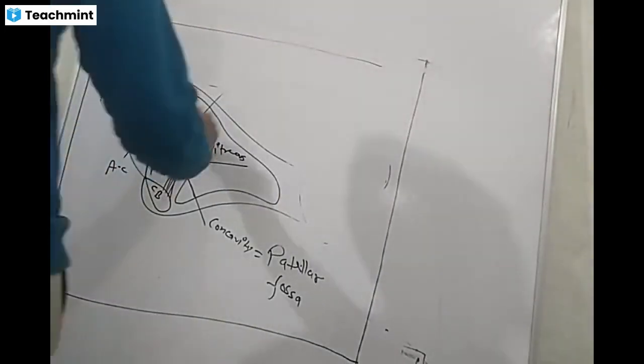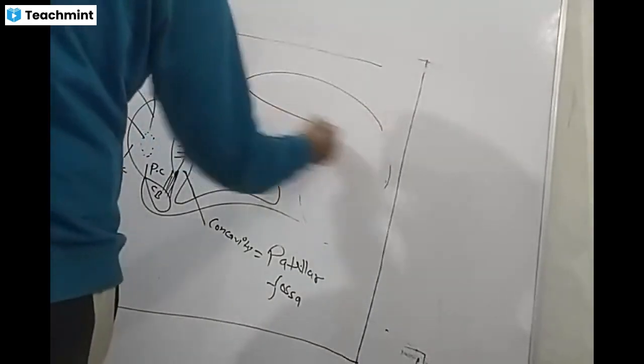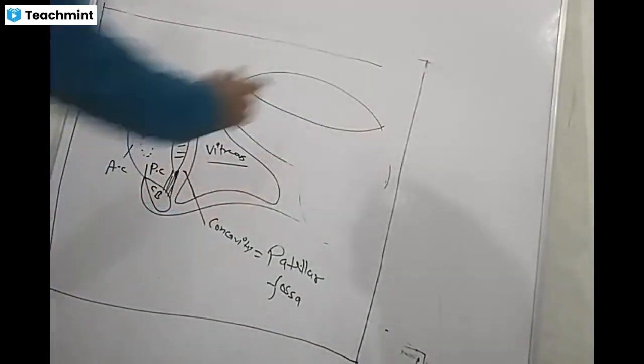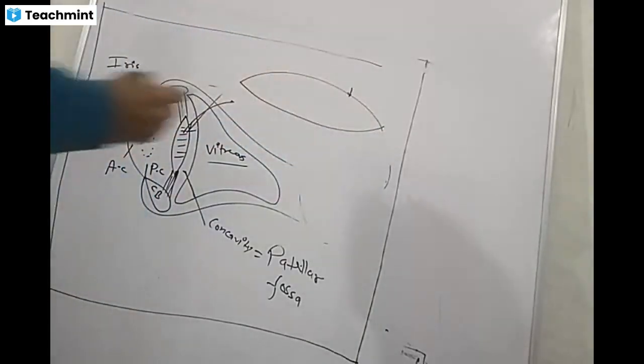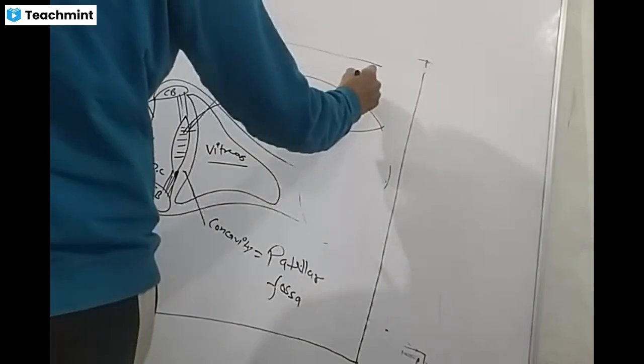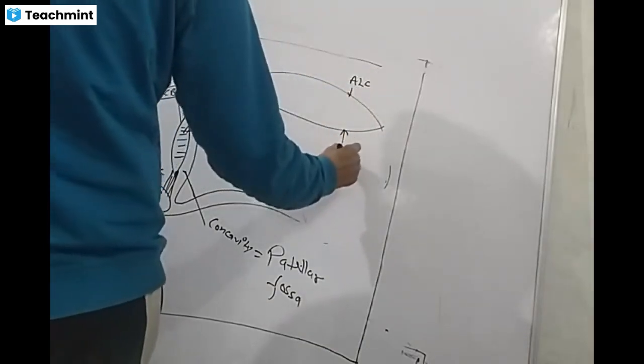If we bring this lens out, then this is the structure of the lens. This outer limiting membrane is known as anterior lens capsule, and this is posterior lens capsule.